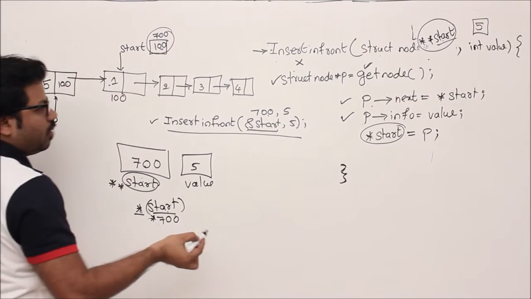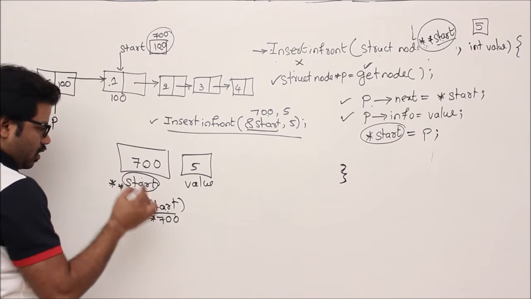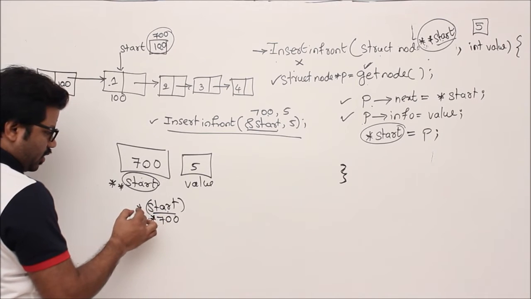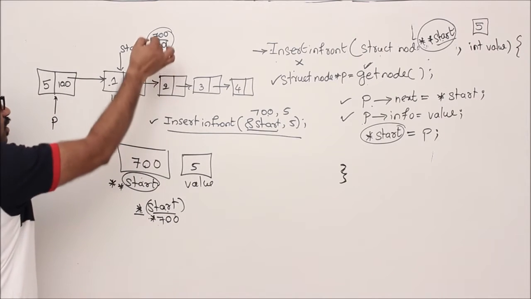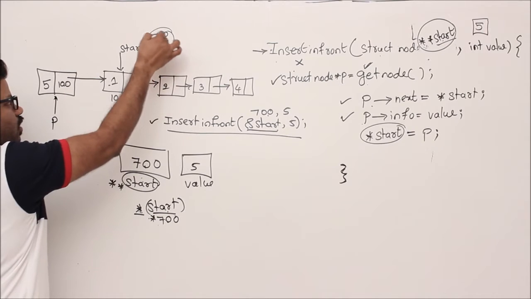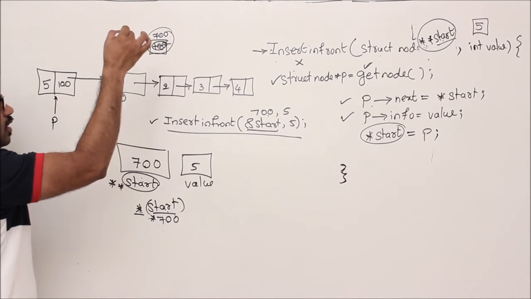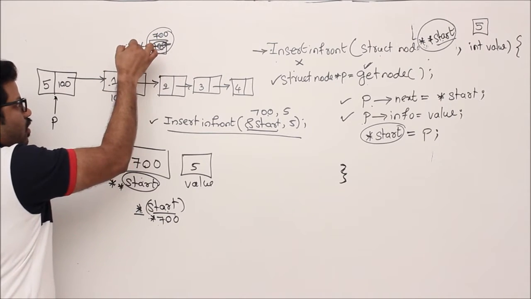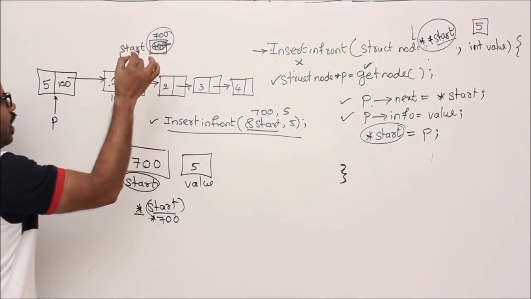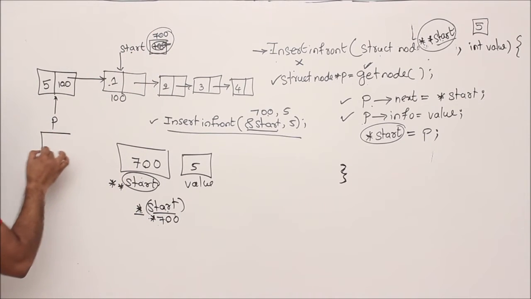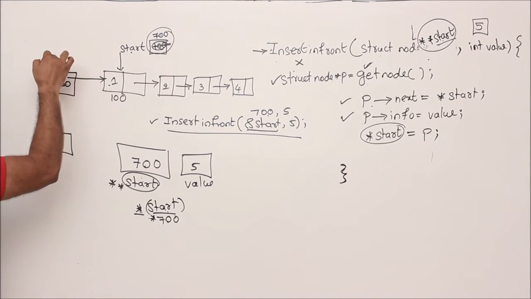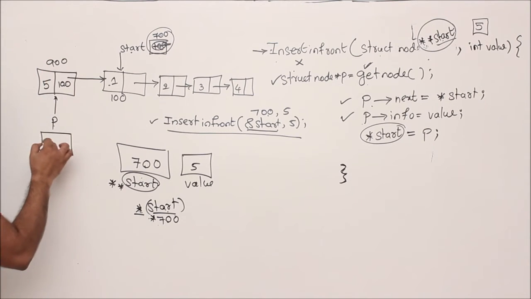Next, what is the third step? Star start. Start is again 700, star 700, this one. This should be modified to, now we are really modifying our start, which is equal to p, the content of p. What is the content of p? Already I told you, if you open and see this box p, you see this box address, let's say that is 900. Then you will see 900.